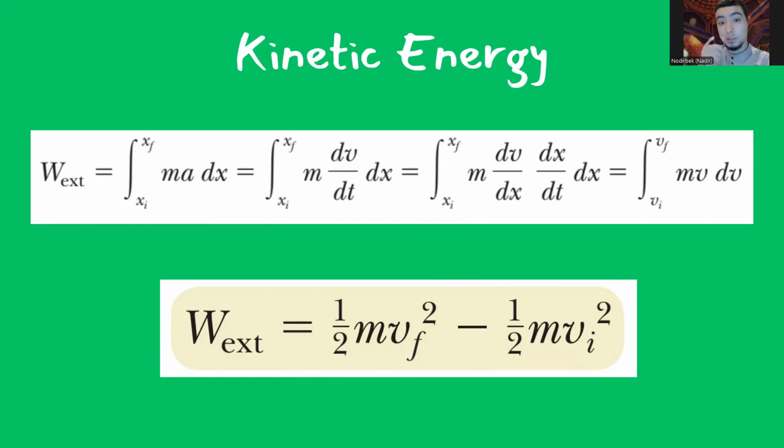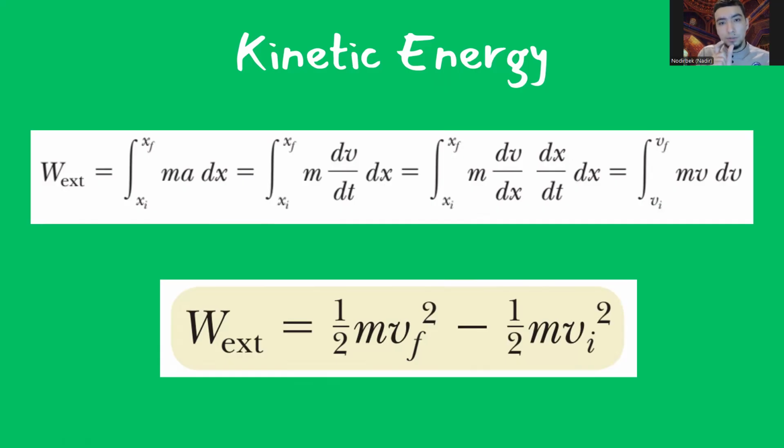And if we integrate it, we're going to have the formula that is below, which is 1/2 mv squared final minus 1/2 mv squared initial. Even in this case, we have two values, not one. That's because there might be a possibility that our object was already moving, and after some time, because of the acceleration, it gained more velocity.